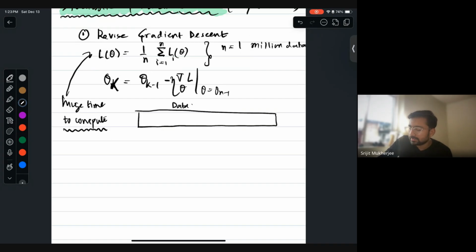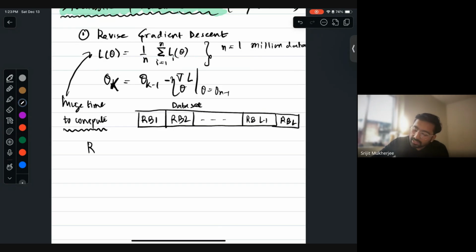Data set into random batches. So this is random 1, random 2, or RB1, RB2, dot dot dot, RB L minus 1 and RBL.